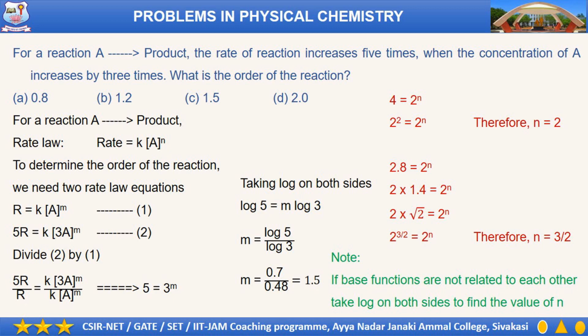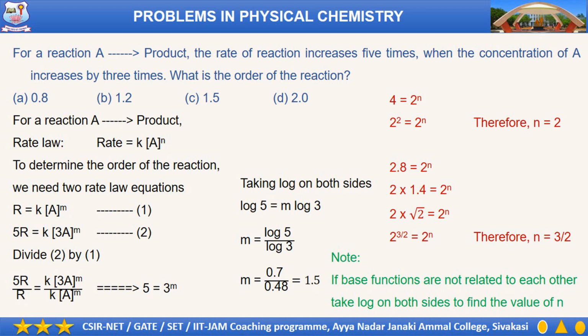The 2.8 can be written as 2 into 1.4, and 1.4 would be 2 root 2 divided by 2, because 2 root 2 is equal to 2.828, I think. So, 2.8 can be written as 2 root 2, equal to 2 power n. 2 power 1 into 2 power half is equal to 2 power 3 by 2, 2 power n. Therefore, what is n? n is equal to 3 halves.